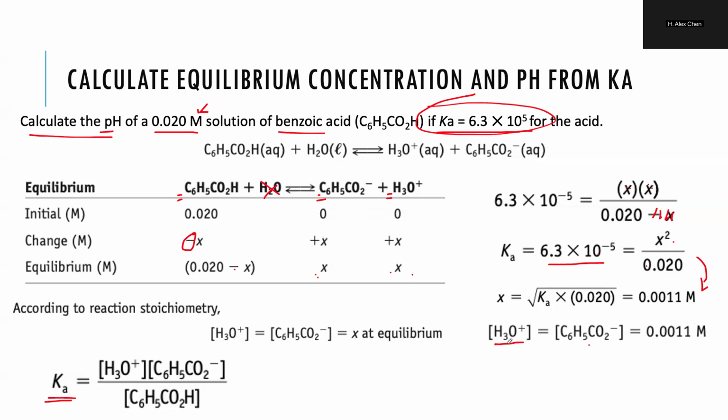I have my H3O plus concentration here, so pH equals negative log of the H3O plus concentration. That gets me 2.96. This is an example of how you can calculate the pH of a weak acid. Note that whenever you have a weak acid or a weak base, you must do a RICE table. You cannot just plug that into the negative log equation.